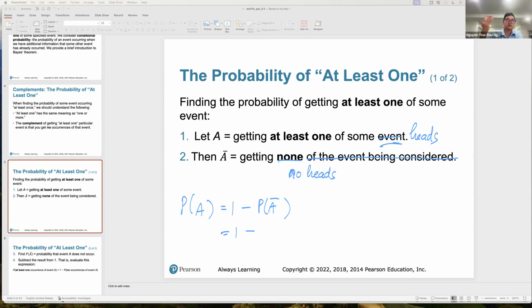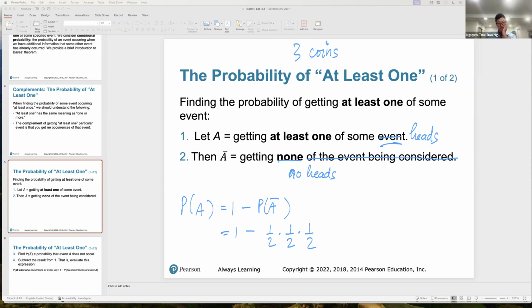And then 1 minus one half gives you, wait, is it correct? No. The reason is we have 3 coins. I should write, we are tossing 3 coins. Do you agree with me? So for no heads, you have to do no heads for 3 coins. So you have one half three times, it's going to be 1/8.